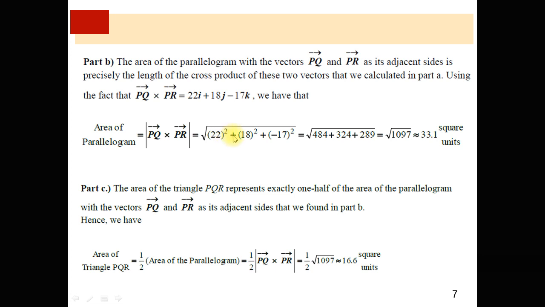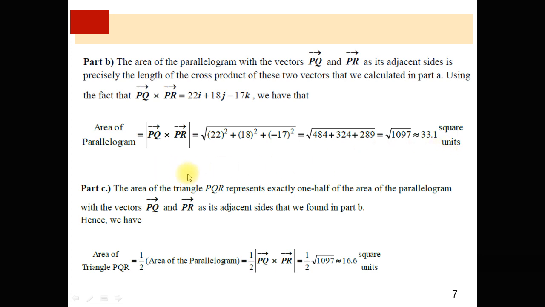So the square root of 22 squared plus 18 squared plus minus 17 squared, which gives 484 plus 324 plus 289, and this is equal to the square root of 1097, which is approximately 33.1 square units.